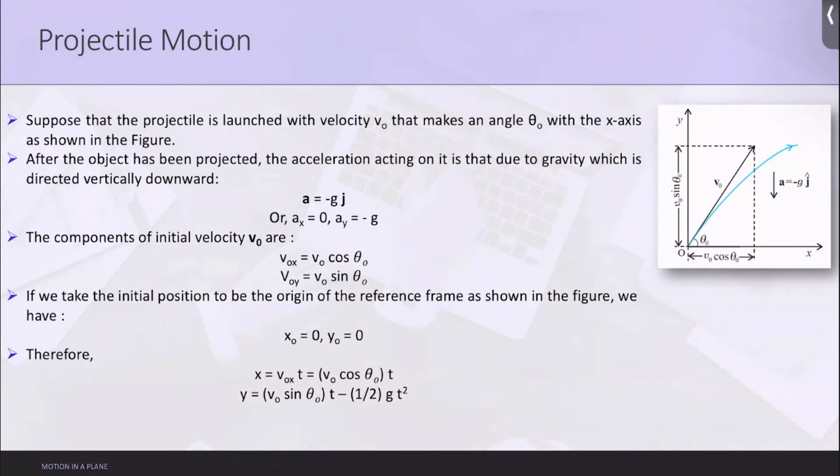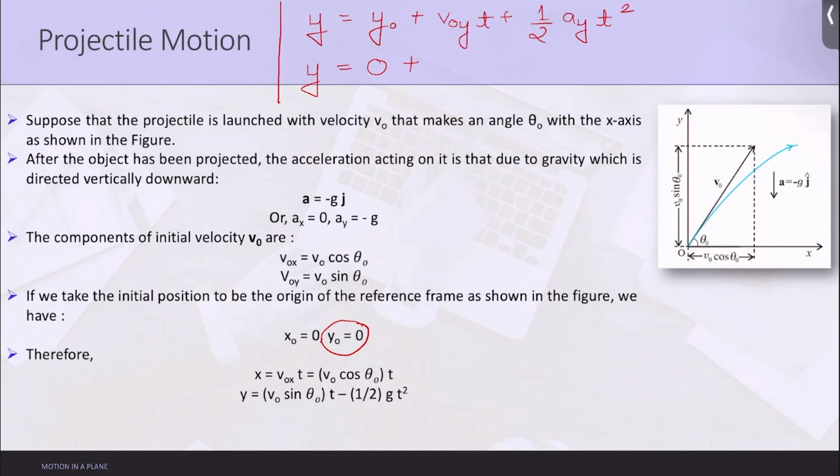Now let us derive the displacement in the y direction. We know y is equal to y naught plus v naught y t plus half a y t square. These are simply kinematics equations I am using, nothing new here. Now just putting everything here: y is equal to, what is the value of y naught? We know it is equal to 0.